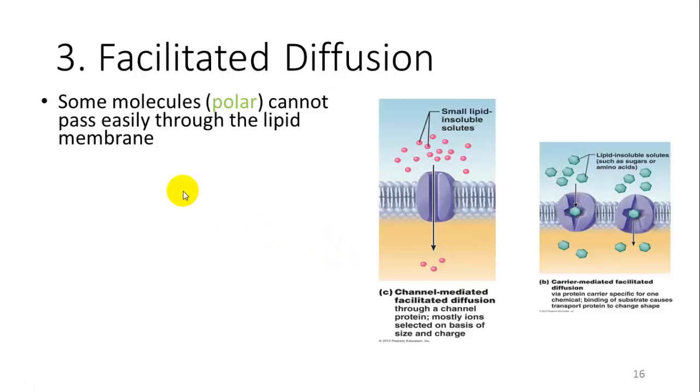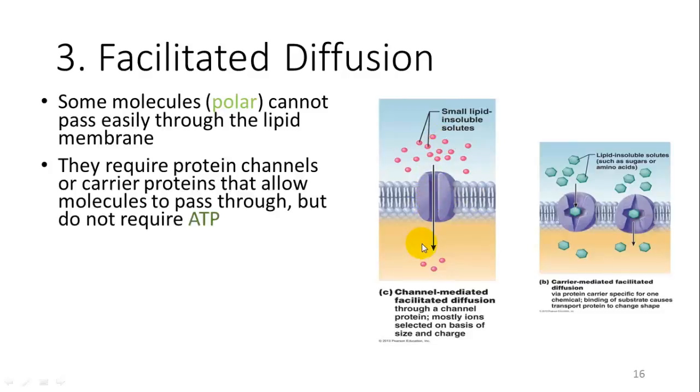All right, facilitated diffusion again does not require ATP, but provides a way for small polar molecules that can't pass through that hydrophobic layer. It provides a channel for these to go through. So it requires channels.